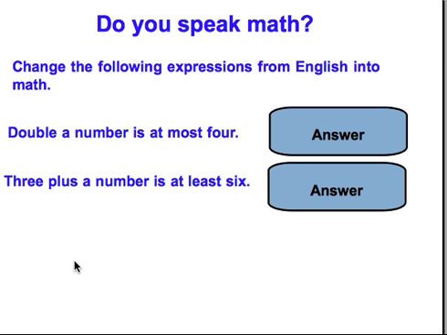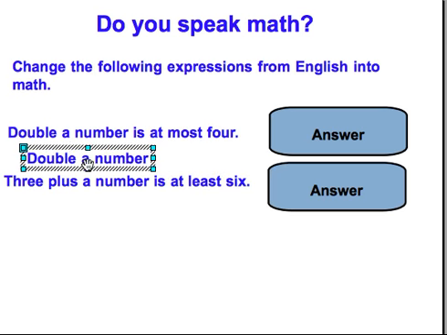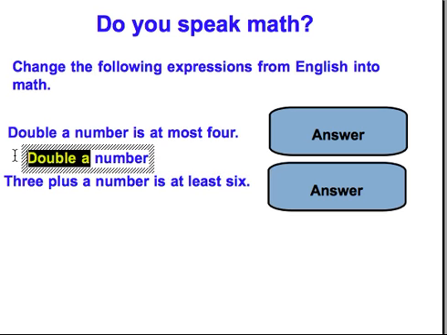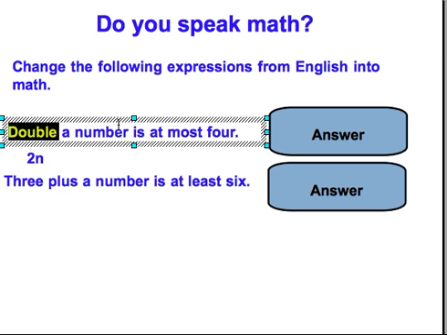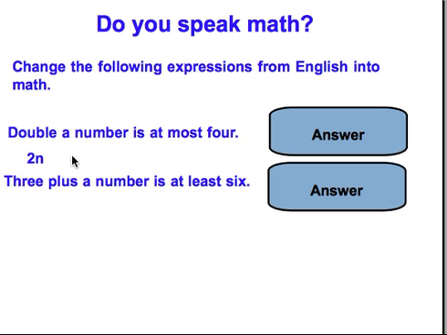I don't know what that number is going to be, but double it means that I have to do 2 times a number. Well, what do I do when I don't know the number? It would be 2 times a variable, so I could use n for number, and 2 times n, I don't need that symbol, it's just 2n. So double a number translates to 2n.